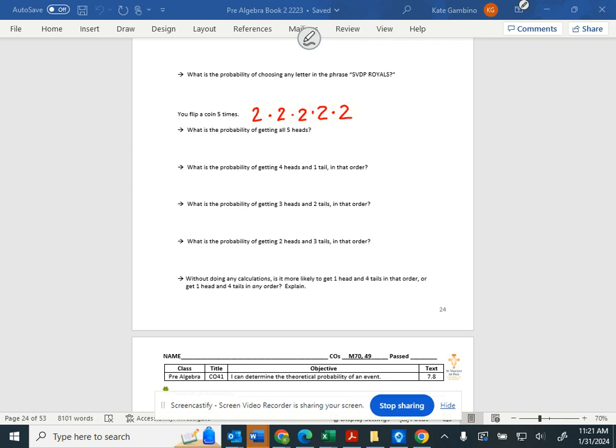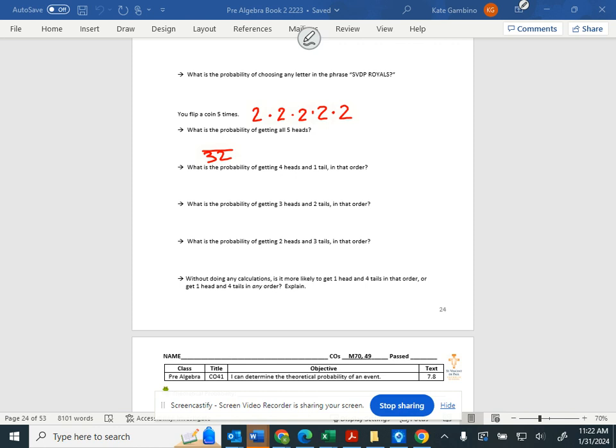Can you do that 5 times? Or is there 5 chances? There's 32 possible. How many desired outcomes if we want all 5 heads?